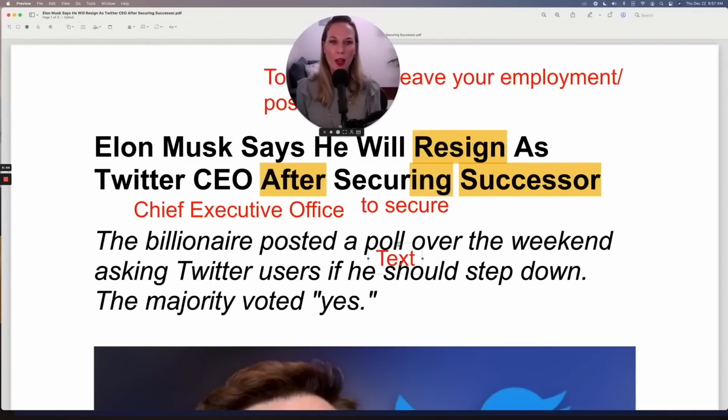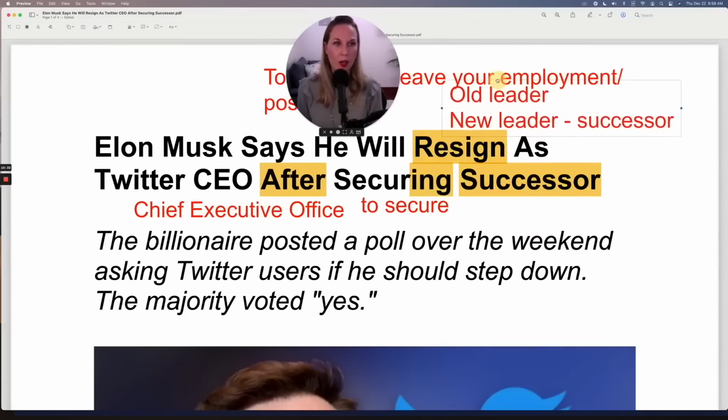So you have your old leader. So leader in the sense of a employment within the company. It could be a boss, a manager, a supervisor, or it could be a politician, a president, a prime minister. So you have your old leader and the new leader. And the new leader is the successor.